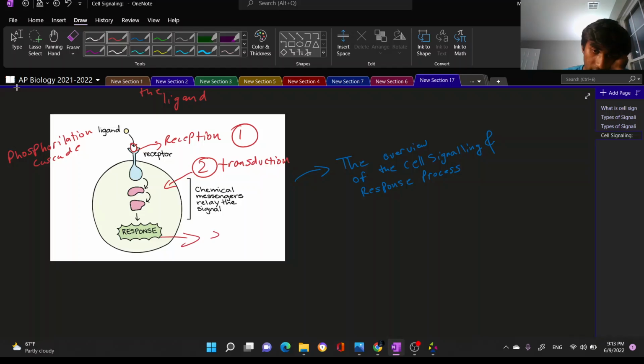And this part right here is pretty much just as it says here, response. So this involves the cell's actual response to this message that it received in the form of a ligand.